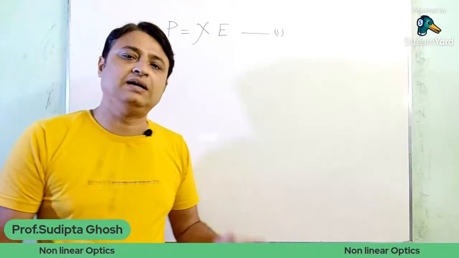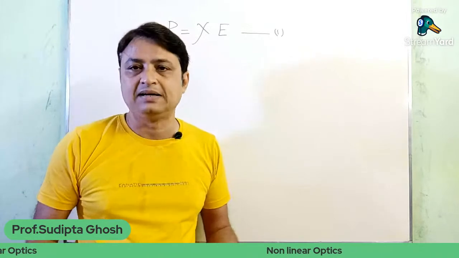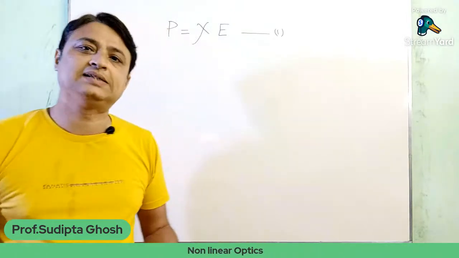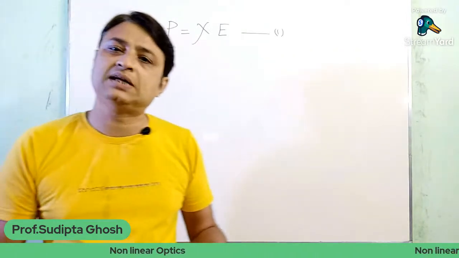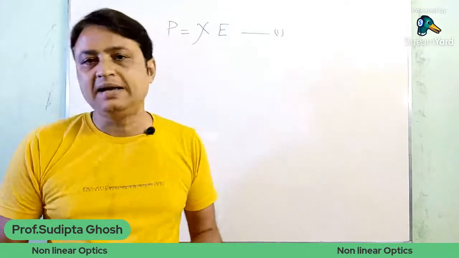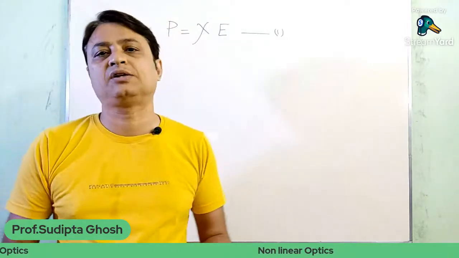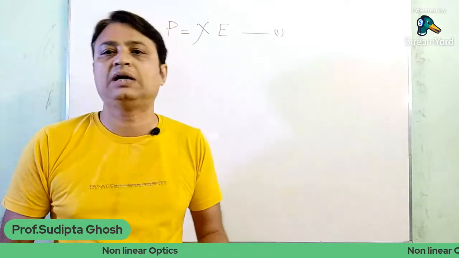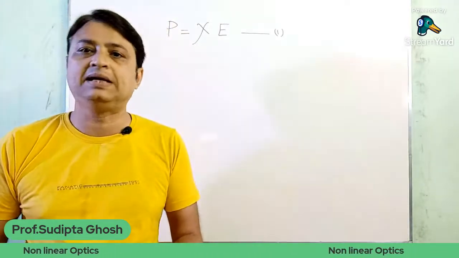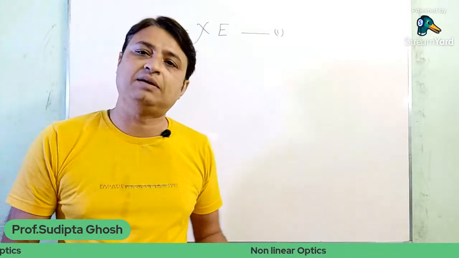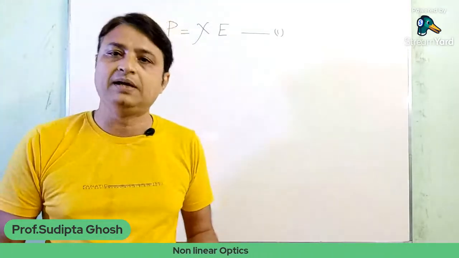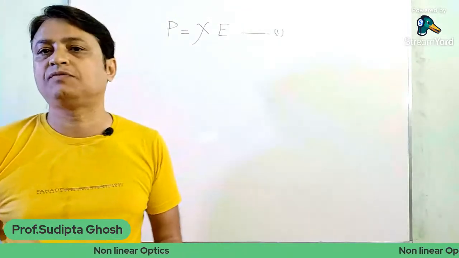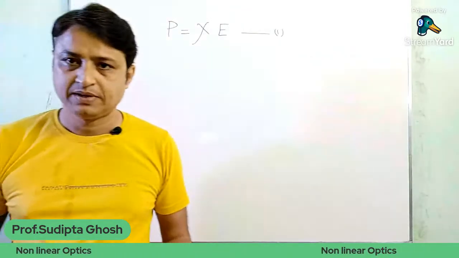So before the invention of the laser, it was a fact that the refractive index of any material is linearly dependent on the electric field, capital E. So the dielectric polarization capital P is also a function of the electric field E.